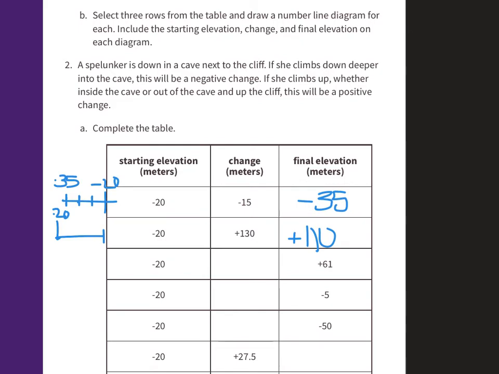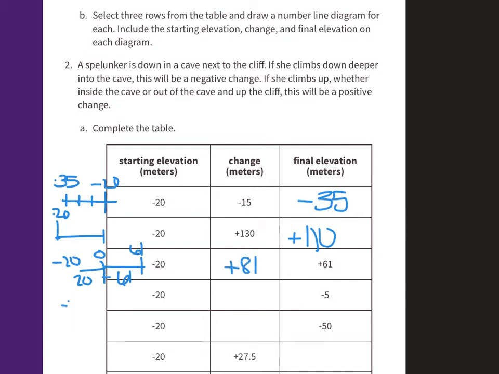Okay? So on these next ones, I start at negative 20 and I need to end up at 61. So if I think from negative 20 to 0, that's 20 units, right? And then from 0 up to 61, that's 61 units. So 20 plus 61 is positive 81 units.